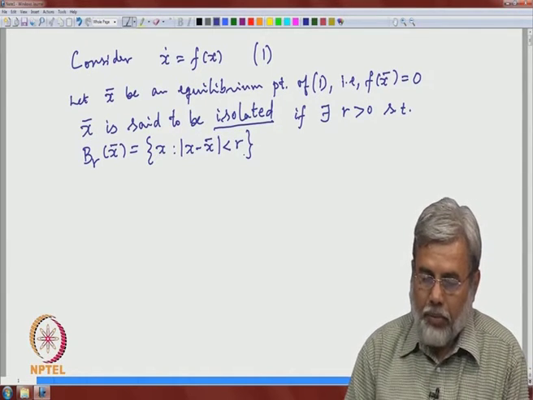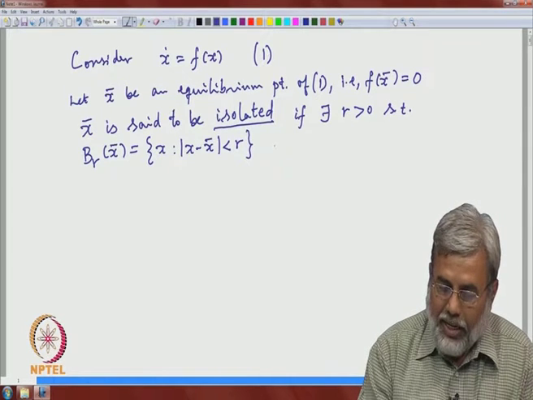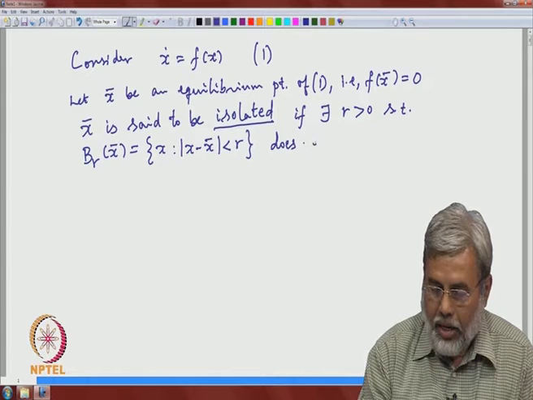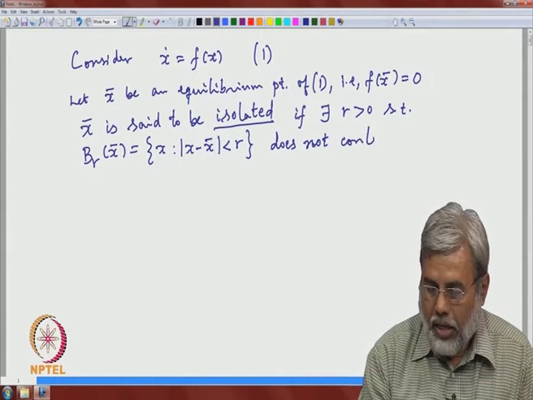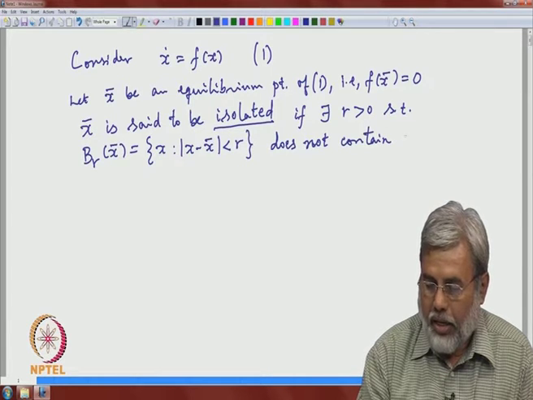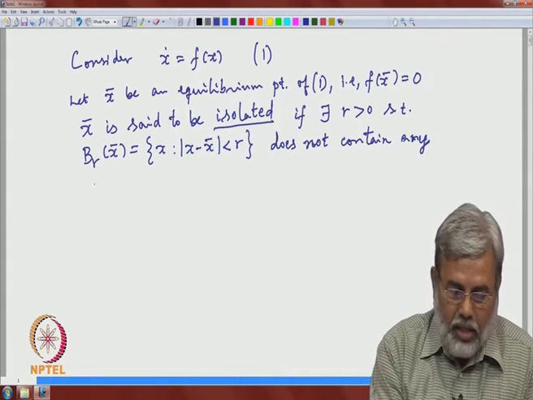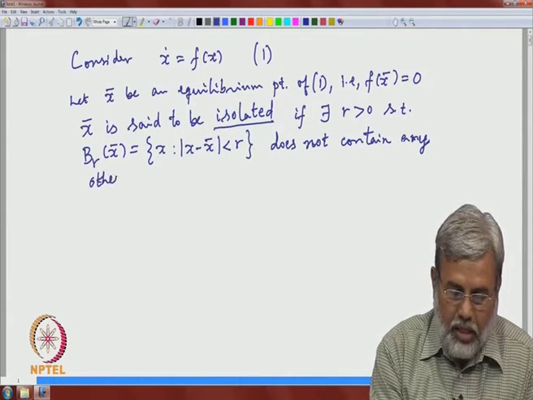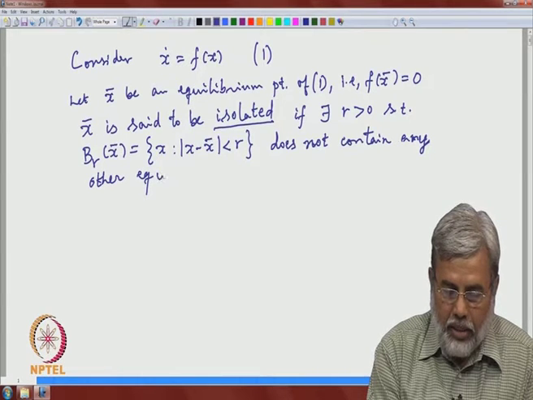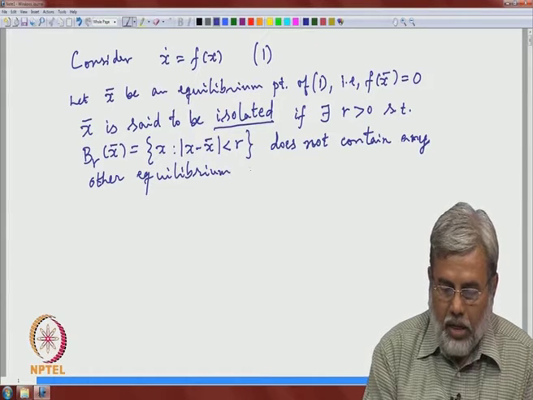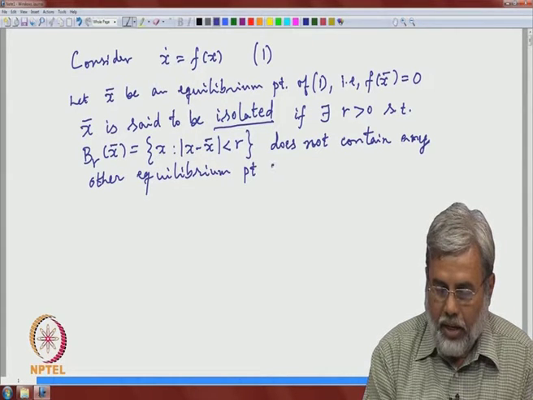This open ball does not contain any other equilibrium point of 1.